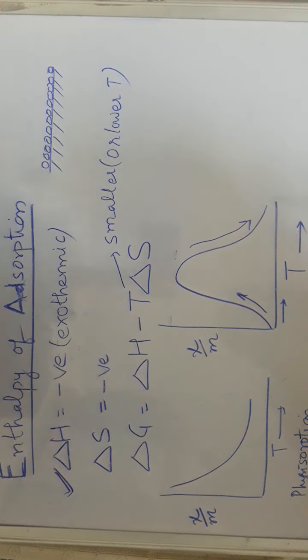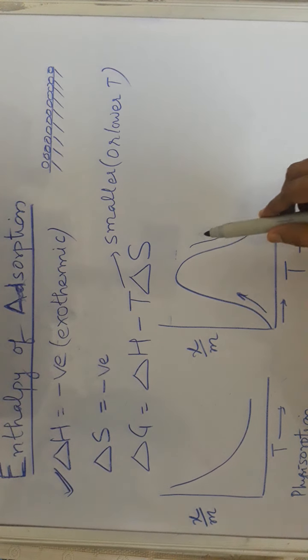So at higher temperature, as the number of effective collisions increases, that helps to overcome the activation energy. So initially the increase in temperature increases the extent of adsorption because the molecules have to overcome the activation energy barrier. And at high temperature, why is the extent of adsorption decreasing?